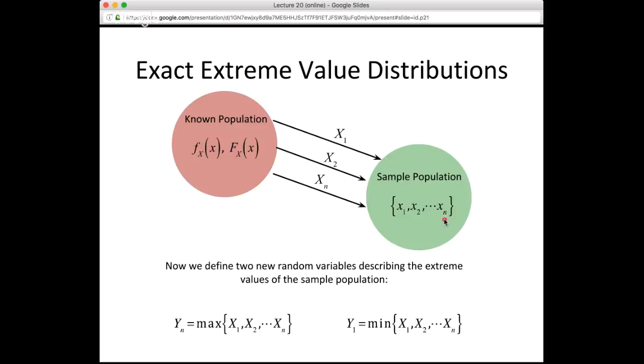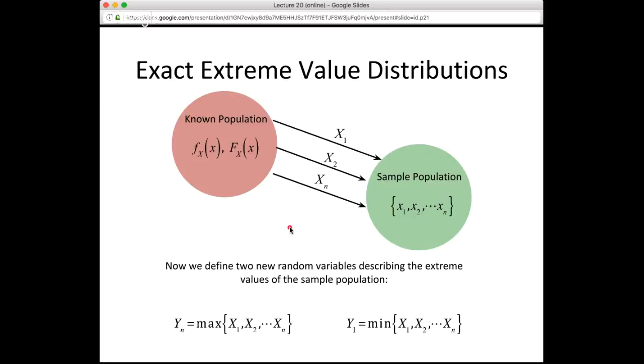So a little n here would be 1,000. You can imagine that each of these realizations of the known population, little x1 through xn, is essentially a specific value of corresponding random variables X1, X2 through Xn. And so that's the setup for the derivation of the exact extreme value distributions.